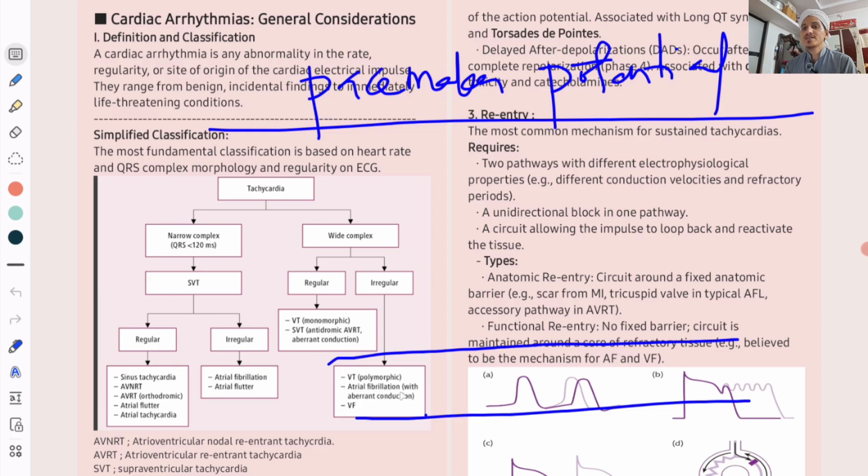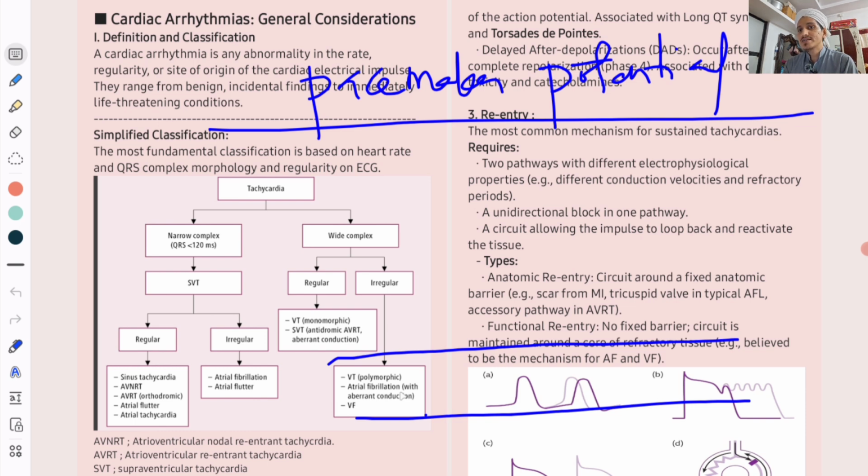And pacemaker potential is the electrical activity which goes on in the pacemaker, normally the SA node of the heart. So it has a special property that it itself depolarizes. That is a special characteristic feature of the pacemaker.